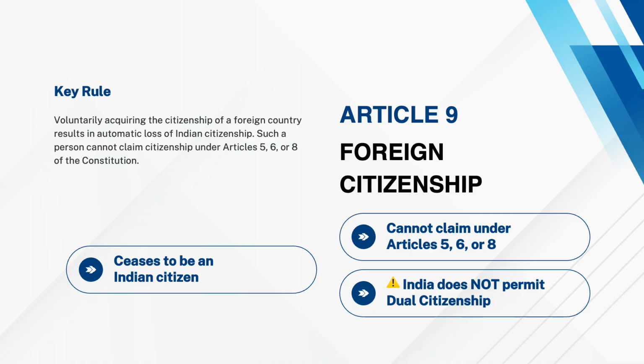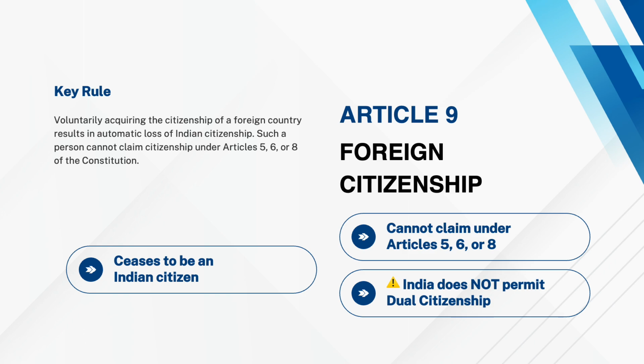We talked about Article 5, the general rule. Article 6, the Pakistanis, right? Or Article 8 of the Indian Constitution, the persons of Indian origin. None of these three categories, Article 5, the general people, Article 6, the Pakistanis who migrated to India, or Article 8, persons of Indian origin, the PIOs.